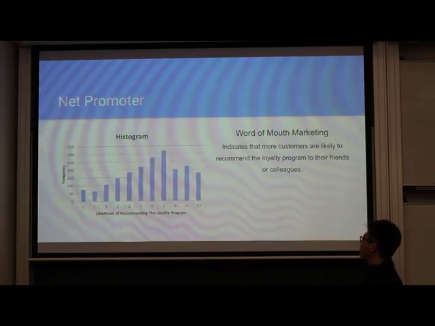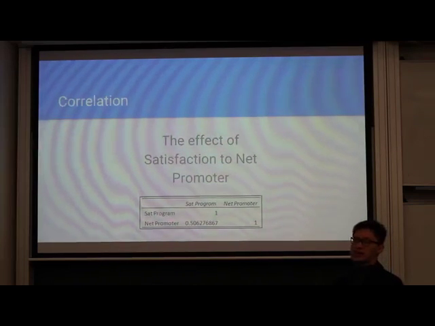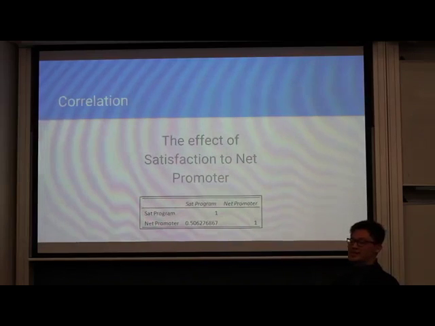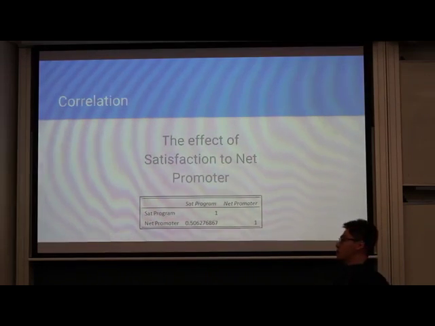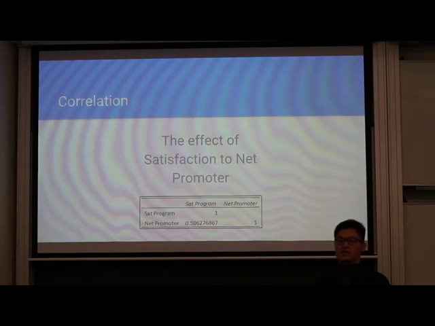Next, we have correlation. Here we have the effect of satisfaction on the net promoter. As our research found out, we have 0.506 correlation between the satisfaction with the program and the net promoter, which means that satisfaction can affect the net promoter level.